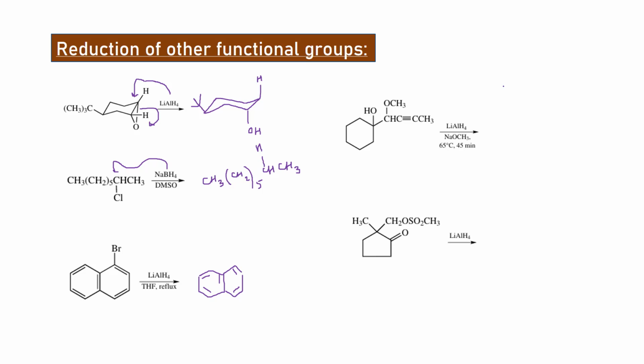If you have this type of triple bond, LiAlH4 reduction of a triple bond always gives a trans product.